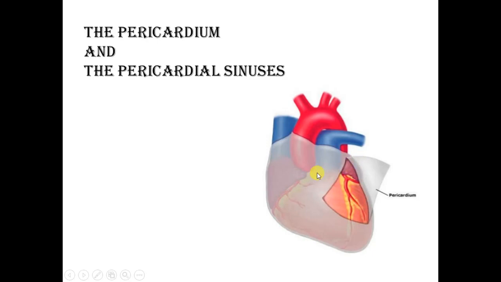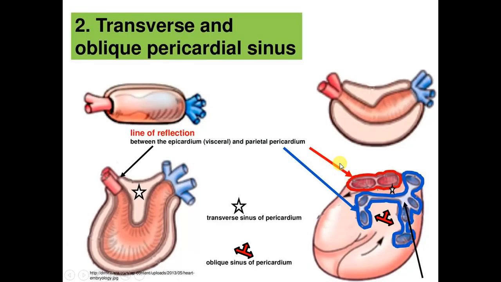Now we will see. First, to understand the pericardial sinuses, we have to understand that initially the heart is like a tube. It's a heart tube. But during further development, it is the folding of the heart which produces the two sinuses, the transverse and oblique pericardial sinuses.